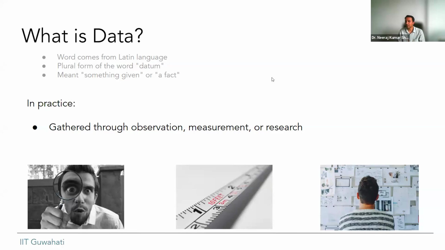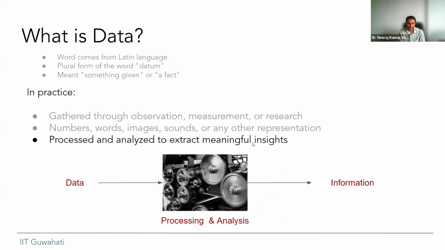So data is now all around us, right? In this digital world, we have lots of various kinds of data floating around us, and these data can include words, like text data. You have newspapers, which are printed text.